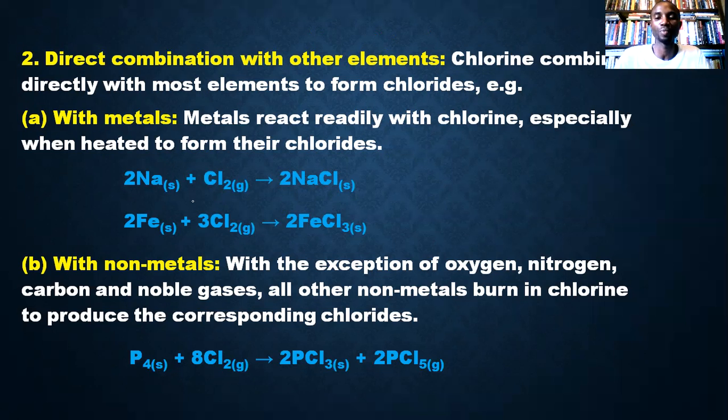All other non-metals burn in chlorine to produce the corresponding chloride. So we can see phosphorus trichloride and phosphorus pentachloride produced when phosphorus burns in chlorine. So it reacts with other elements.